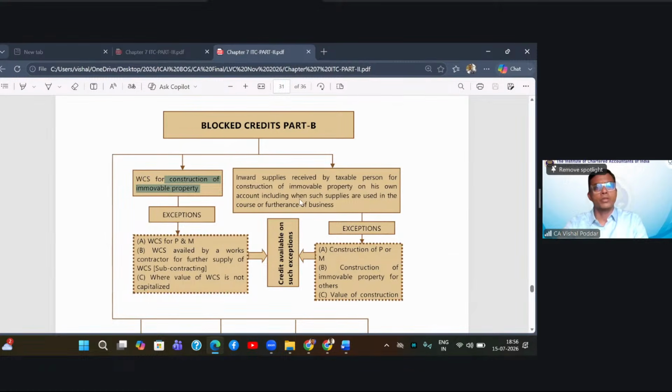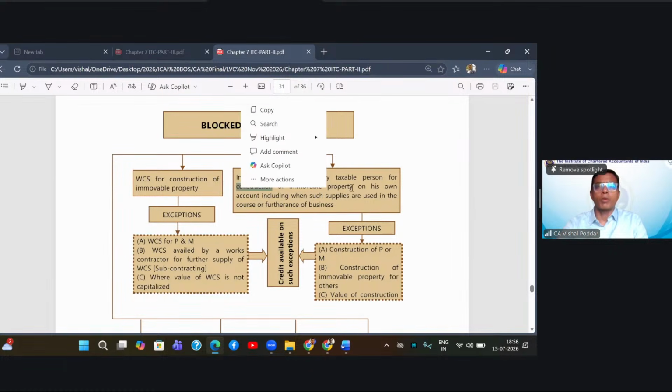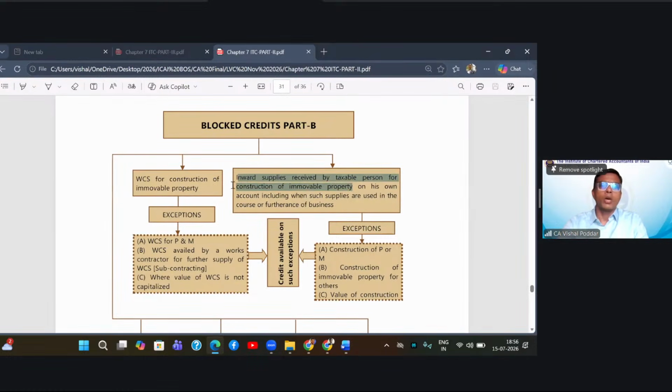Why? Because you are constructing an immobile property, or you have made purchases of goods and services, that is, you have done inward supplies, again for the purpose of construction of immobile property. So whenever you are going to construct immobile property, whatever is your inward supply for doing this construction, that will come in blockage. Point number one.